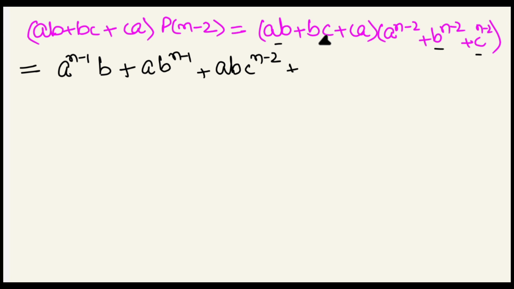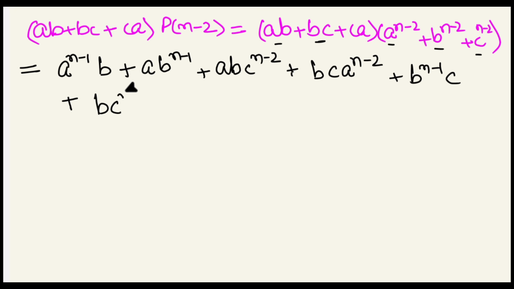Likewise for bc. bc into b to the power n minus 2 will become b to the power n minus 1 into c, plus bc into c to the power n minus 2, which will become bc to the power n minus 1.